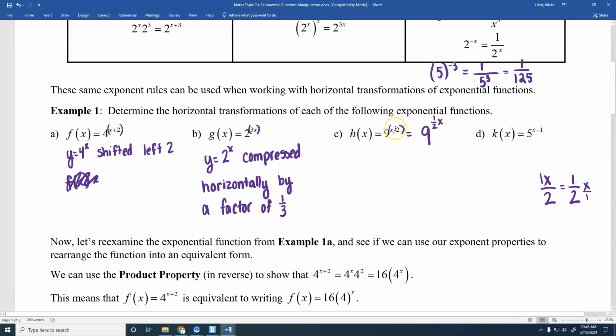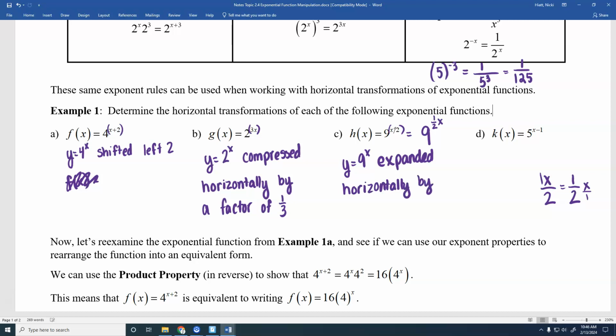While we don't really talk about that number dividing very much, most of the time if you have division, you can make it a fraction for that. And so in this case, this would be y equals 9 to the x power. And we could use the word dilation, and sometimes they will use the word dilation. Sometimes they might be more specific, and this is going to be an expansion or expanded horizontally by a factor of, what's my factor for that one? 2.